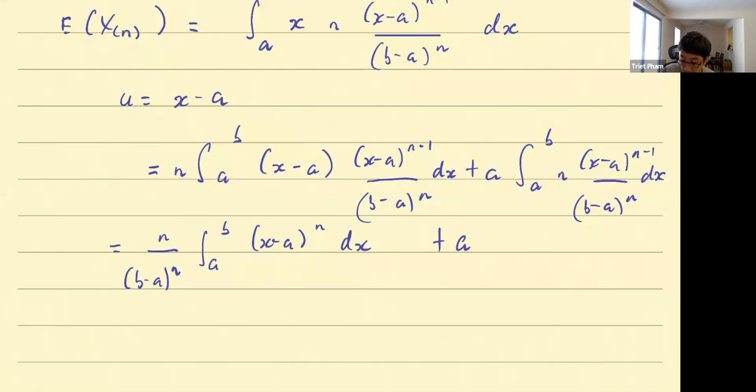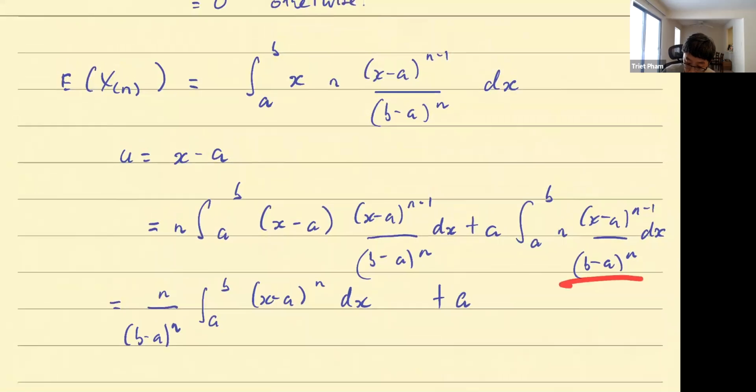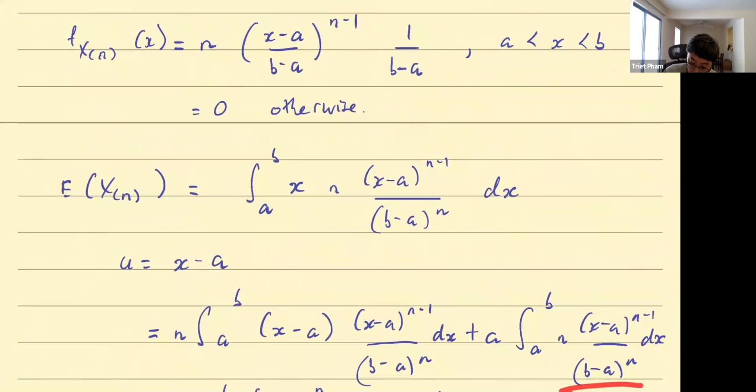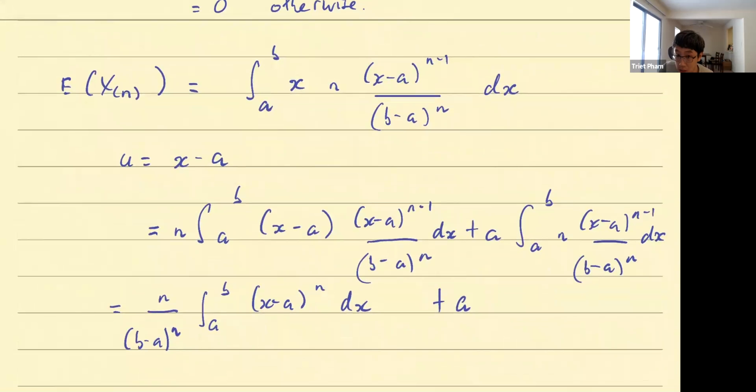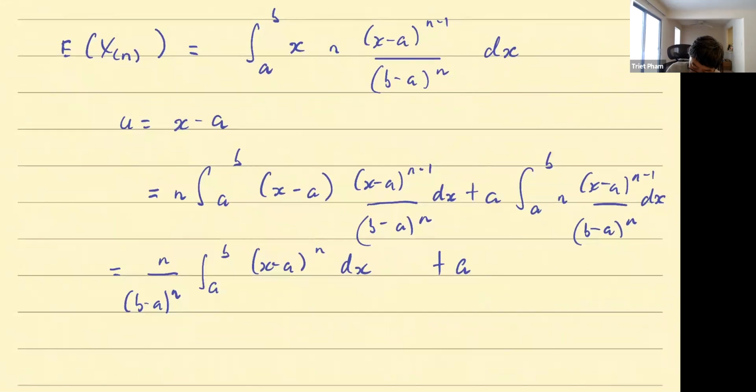Because I'm integrating an exact density there, this being the density of the max. If you integrate it, it must be 1. So then this comes to integrating this: you get x raised to n plus 1 over n plus 1.